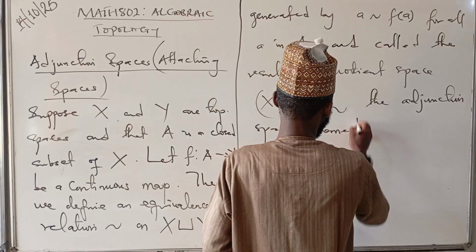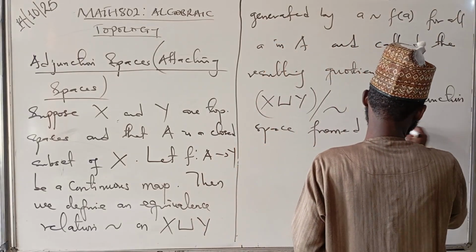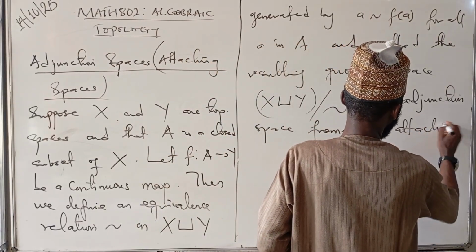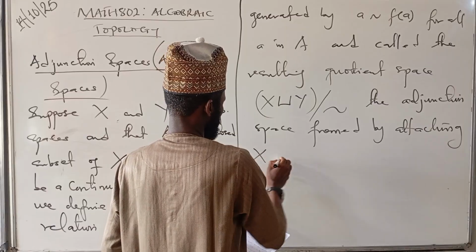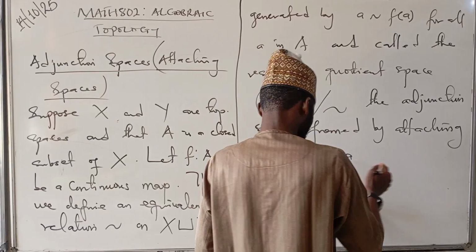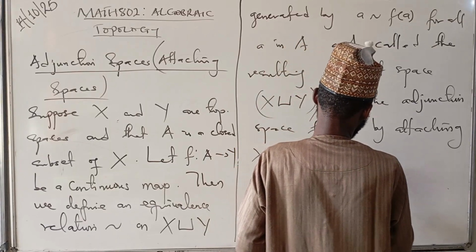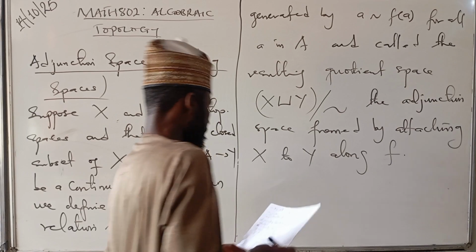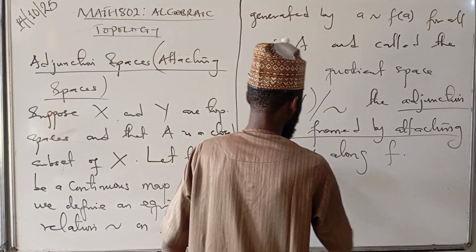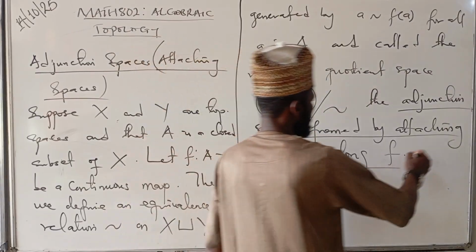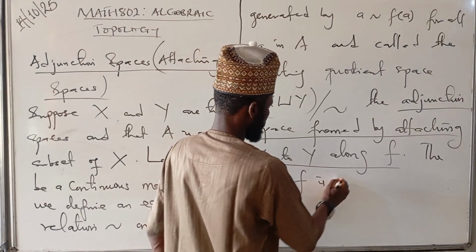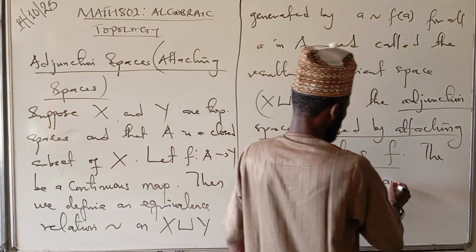Formed by attaching the space X to Y via f, or along f. The adjunction space is formed by attaching X to Y along f, and the map f is called an attaching map.